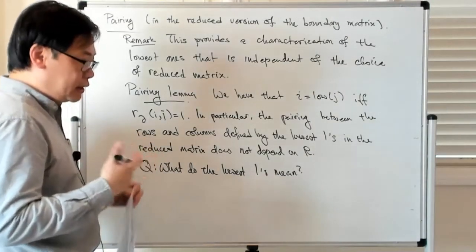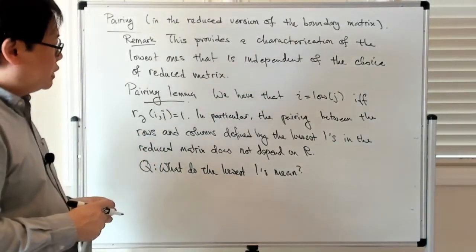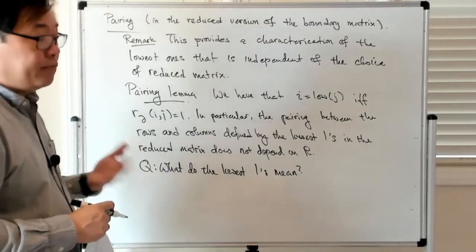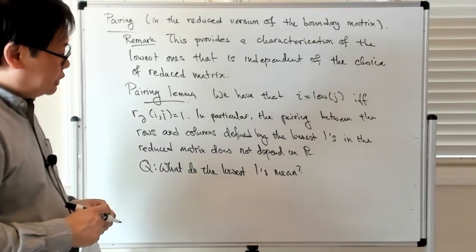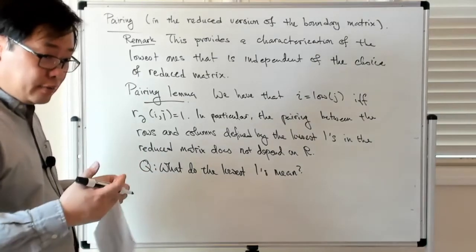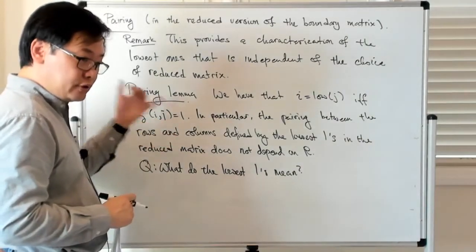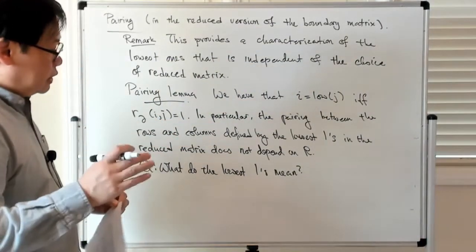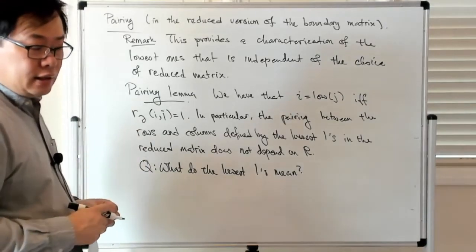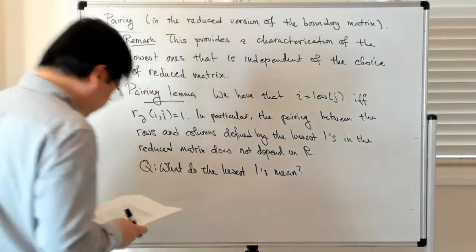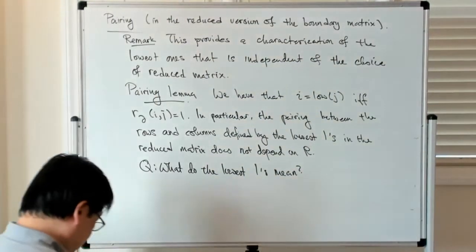And we know that the ranks of these submatrices give you some information about the cycle and boundary groups. So it is tempting to believe that these lowest ones give you some information about the entries in the persistence diagram. Okay, and we're going to show that that's indeed the case.